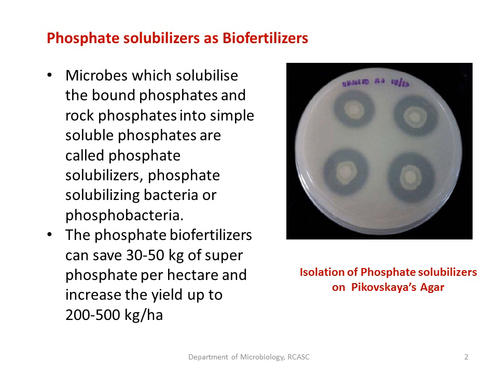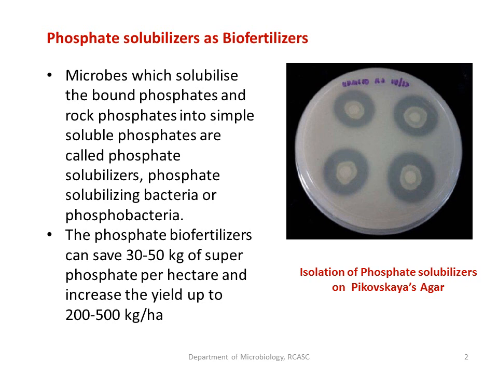Hence, these rock phosphates have to be converted into simple soluble phosphates, which can be done by various microorganisms present in the soil. Such organisms are called phosphate solubilizing microorganisms. It can be bacteria or fungi, or sometimes even actinomycetes have the ability of solubilizing these phosphates.